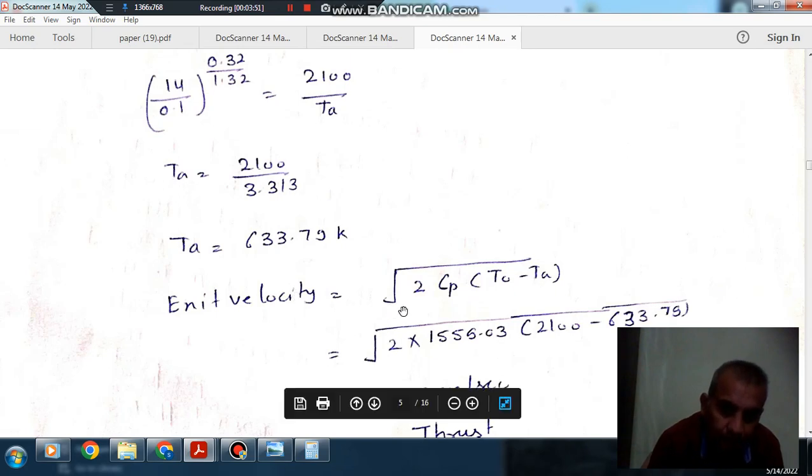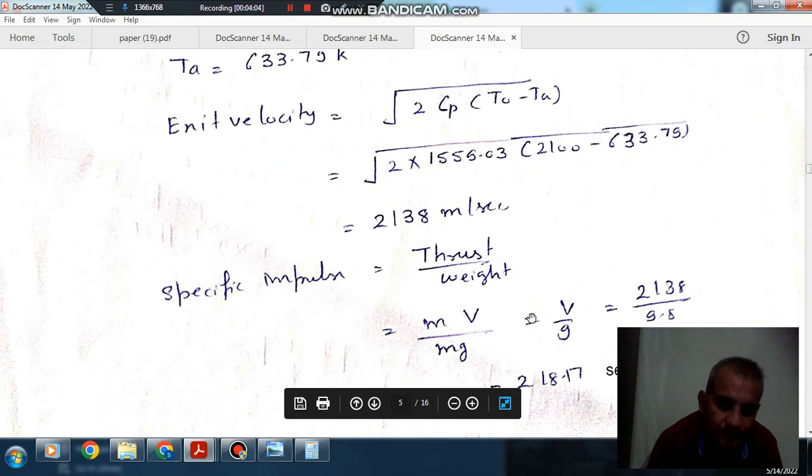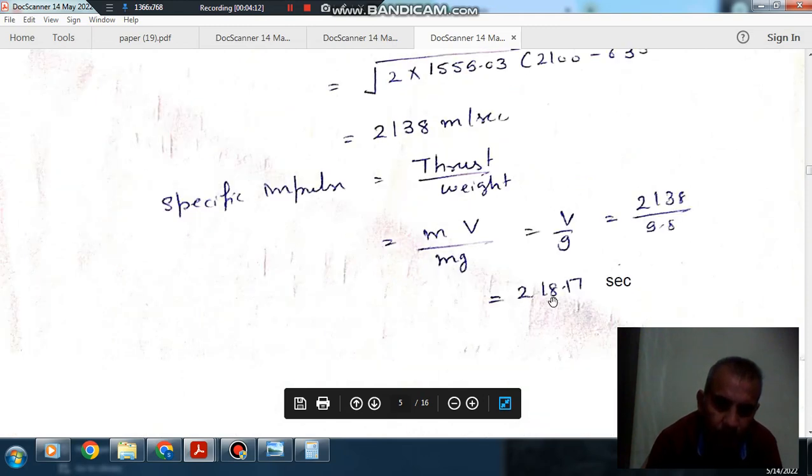If we multiply by 2 and take the root, we have the exit velocity. So the exit velocity is 2138 meter per second, and specific impulse is defined as thrust by weight. So this is mv by mg, so v by g, that is 2138 by 9.8, that is 218.17 seconds.